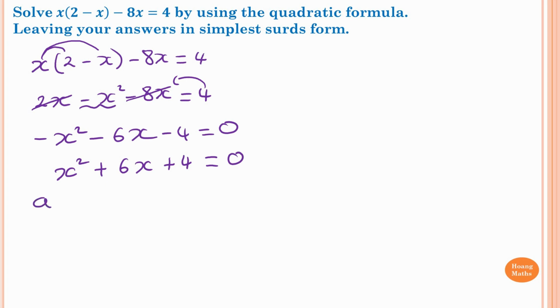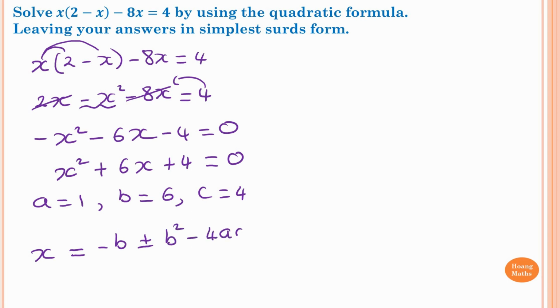A is 1, b is 6, and c is 4. The quadratic formula is x is equal to negative b plus or minus the square root of b squared minus 4ac, over 2a.